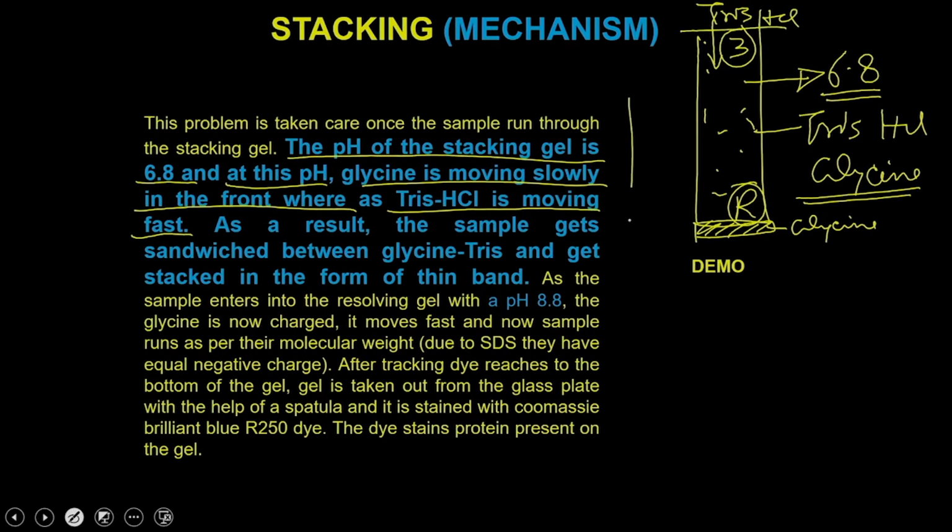Because of that, you can imagine that you are putting the two molecules, the number 3 molecule and the R molecule, between them, where the tris is used as a plunger. So, what happens is the tris is pushing the molecules, whereas the glycine is not allowing these molecules to move as per their electrophoretic mobility. Because of that, all the molecules will reach this point and they will get stacked.